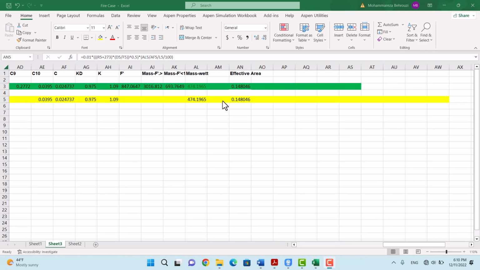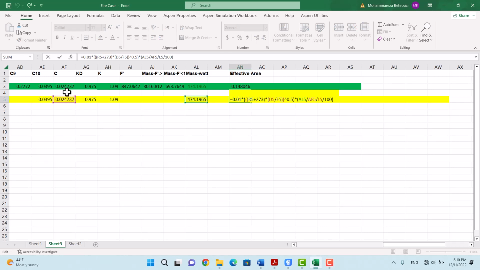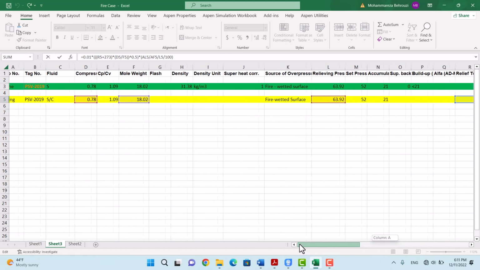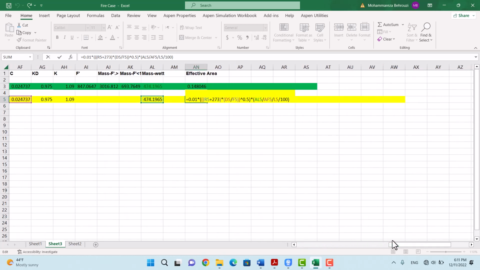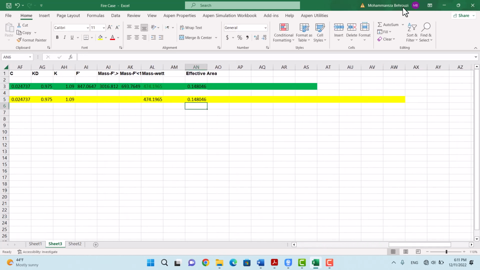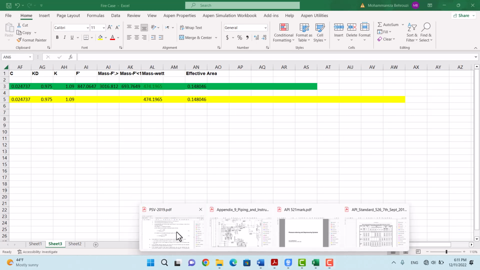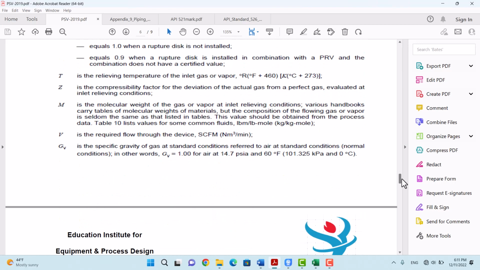As you can see, the equation is inserted and it is a function of the C factor, mass flow rate, and all of the parameters I mentioned and talked about. Now that we have determined the effective area, we go to the next step.